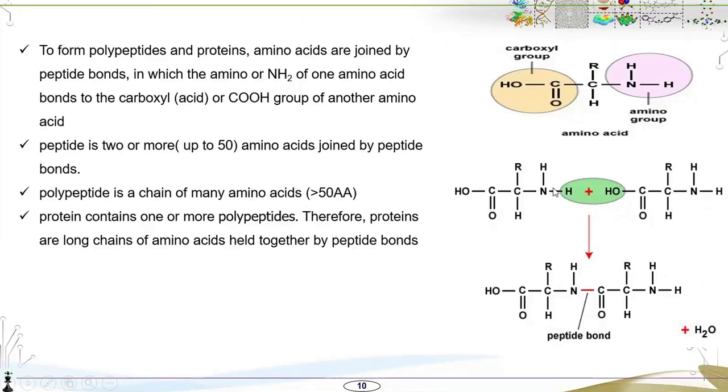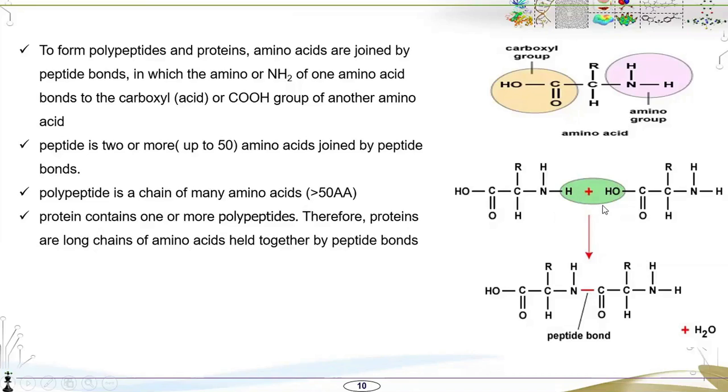While doing this condensation reaction, a water molecule will be dissociated, then the remaining NH of one amino acid will bond to the CO of another amino acid, losing one water molecule, and will form a bond that is called a peptide bond. So clear-cut, this is the complete reaction.